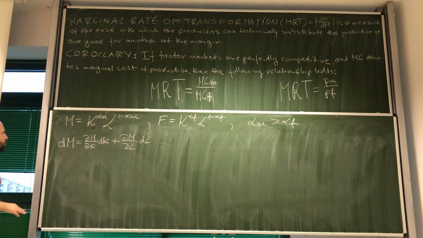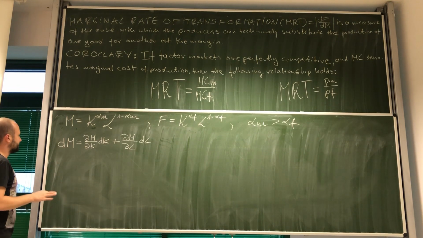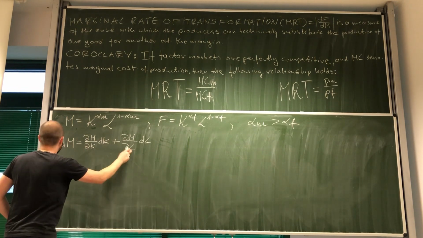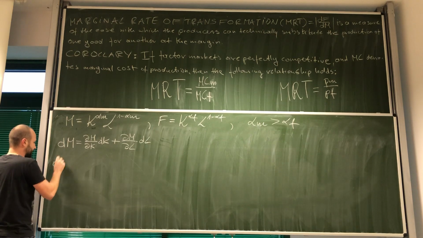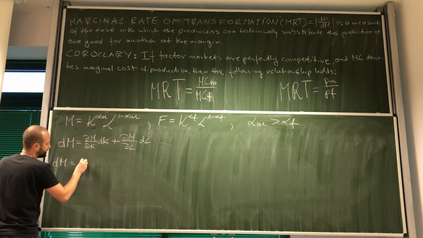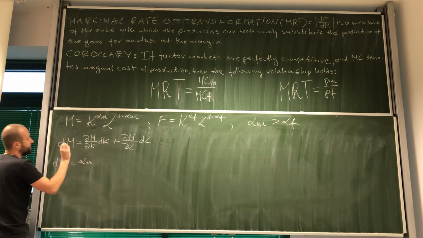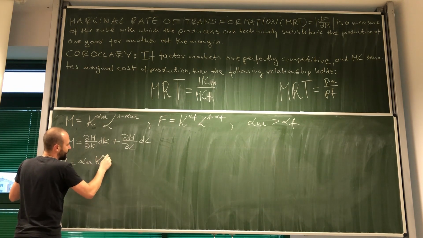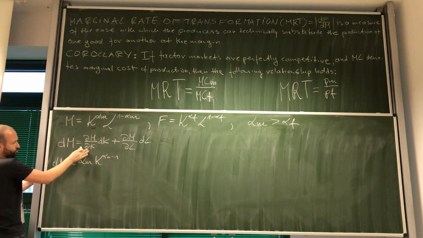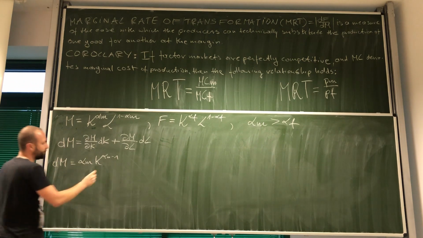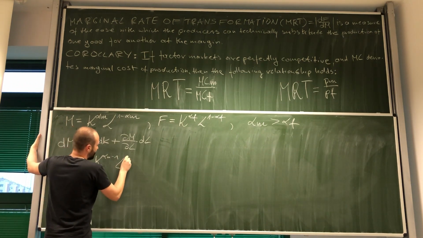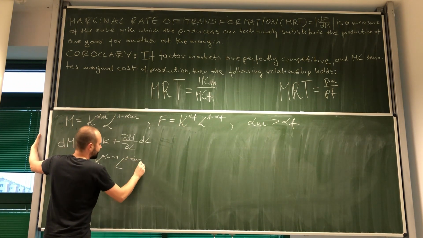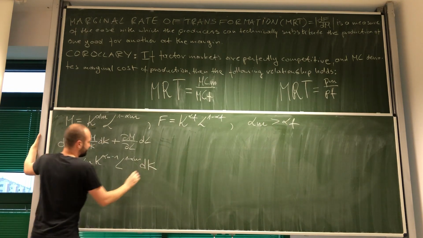Now we can calculate those derivatives quite easily, because this is α_m times K^(α_m−1), because we first differentiate with respect to capital, times L^(1−α_m) times dK.